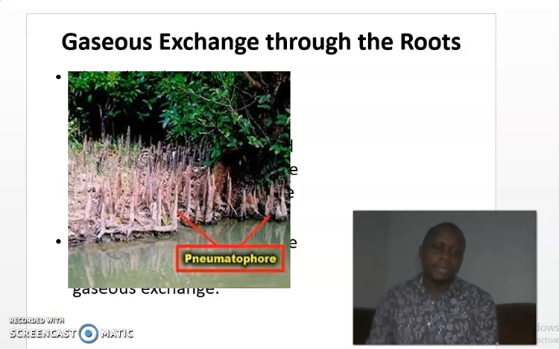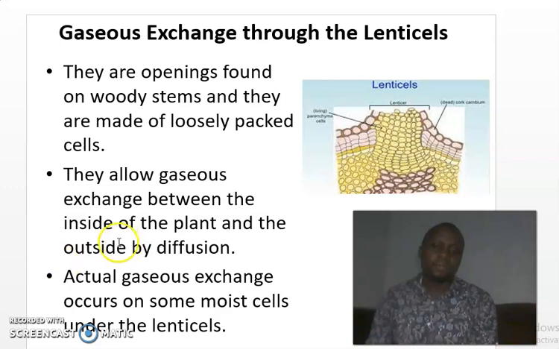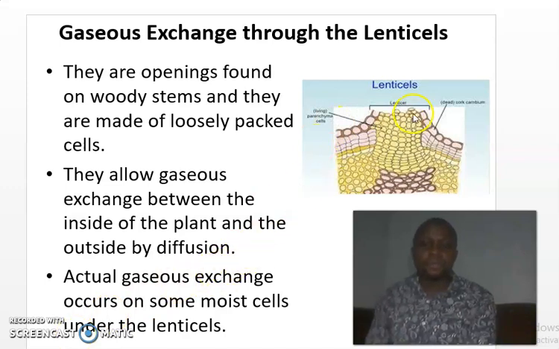During the day, when the plant needs a lot of carbon dioxide, which is highly concentrated in the atmosphere, it diffuses into the lenticels and moves into the cells by diffusion alongside the concentration gradient.